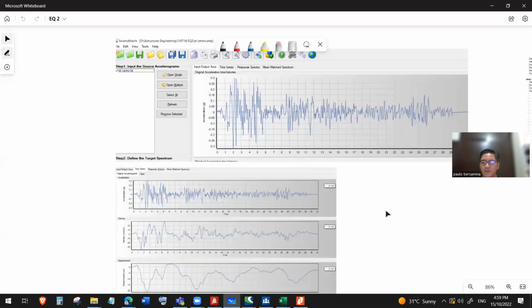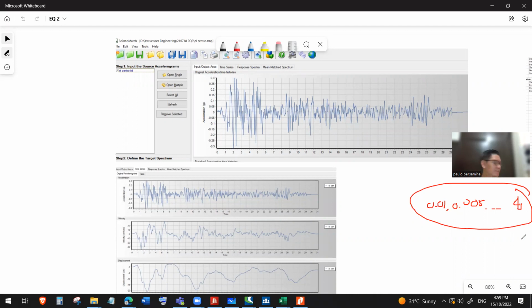To come up with a smooth, accurate response spectra curve, you need to assume more periods, say from 0.01 with an increment of 0.005, until you reach about 4 seconds. If we divide 4 seconds by 0.005, that's about 800 Excel sheets.